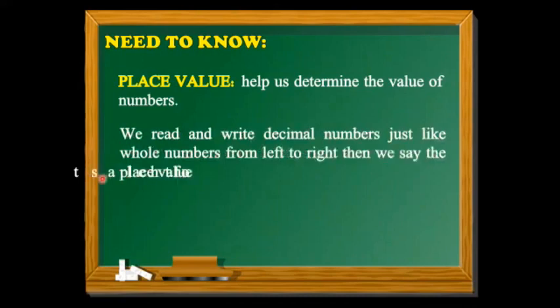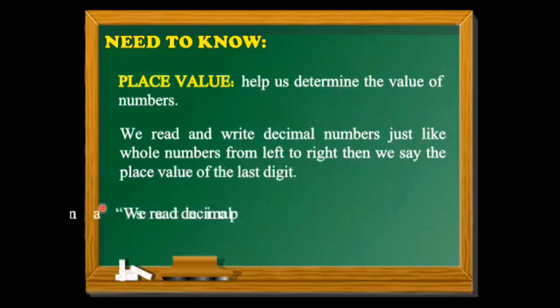Then we say the place value of the last digit. And then lastly, we read the decimal point as "and". So these are the things that we need to know, okay? Para mas lalo nating maintindihan yung ating tatalakayin sa mga susunod na slides.